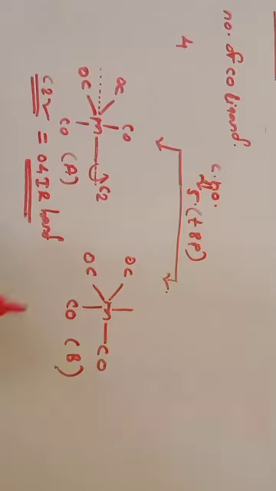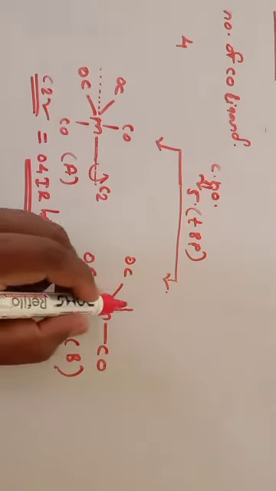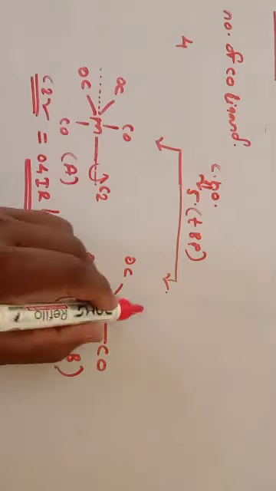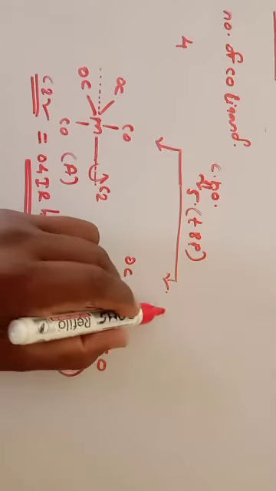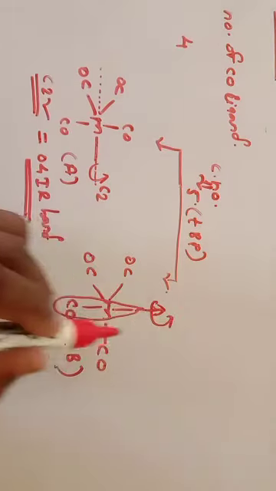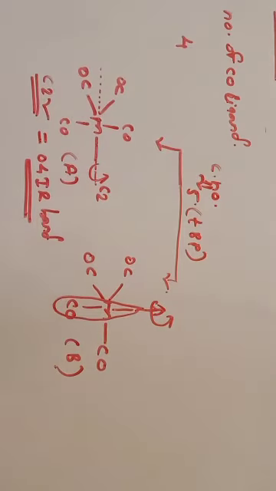If you consider the second structure, when there are 4 carbonyls, out of that 3 are in the trigonal plane and 1 is axial. Again, if you consider this axis, it is very simple, like the BF3 molecule. All 3 carbonyls are in the trigonal plane, so the angle between them is 120 degrees.